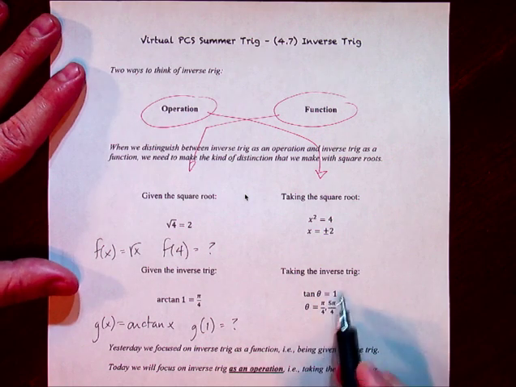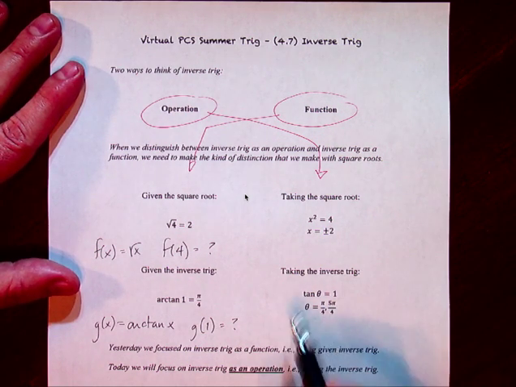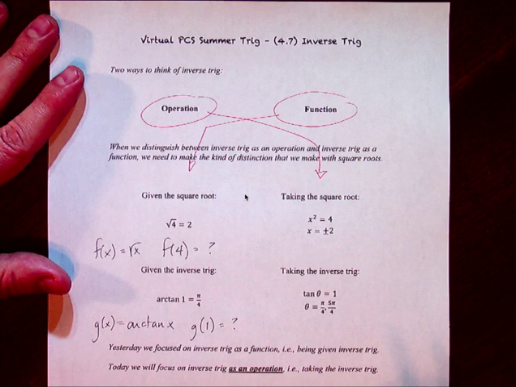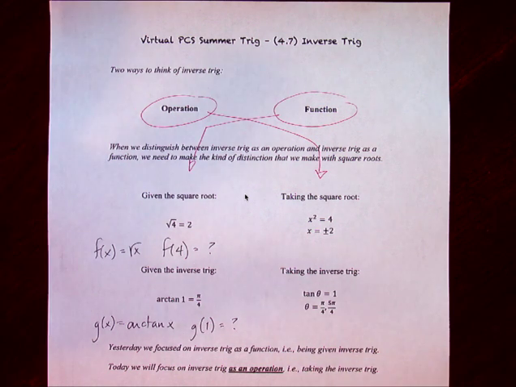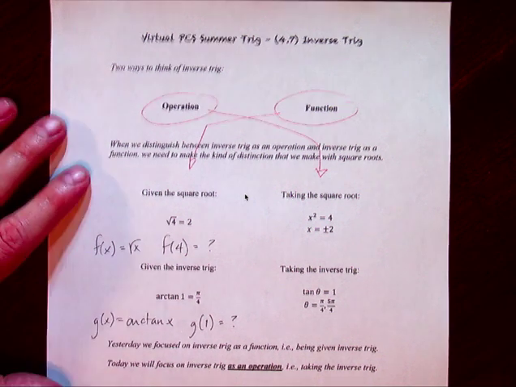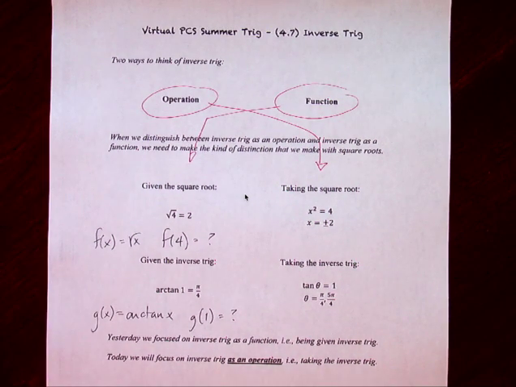When I'm using inverse trig as an operation to solve a trigonometric equation, I am not bound by those constraints. In the previous video, we focused on inverse trig as a function, being given an inverse trigonometric expression. Today we'll be focusing on inverse trig as an operation, and let's jump into some examples of that.